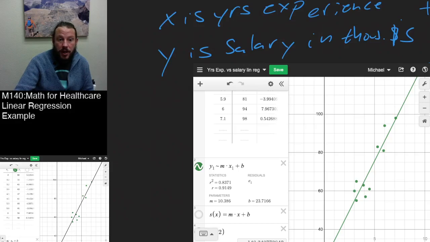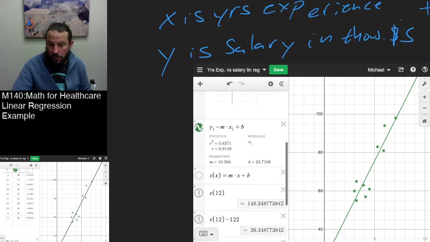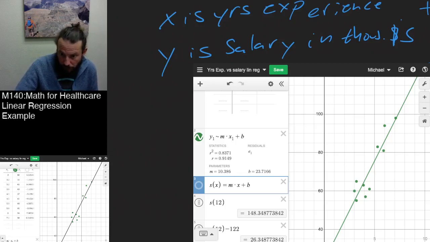Now, let's suppose you've done this regression, and let's say someone gets hired with, say, 12 years experience. All right, so how would we go about that? Well, the first thing I would do is enter my linear regression line manually as a linear function here.